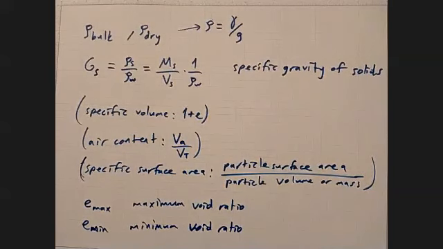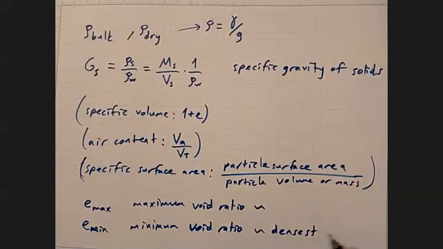So these are related to how loose or dense your soil can be. For a given assembly of solid grains, you can compact them well. So this is your densest possible configuration.